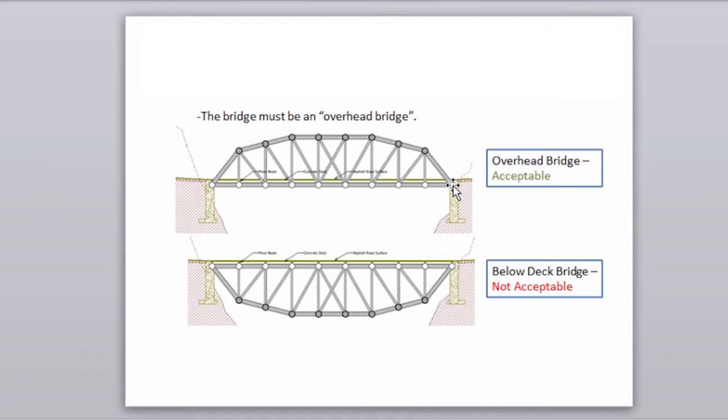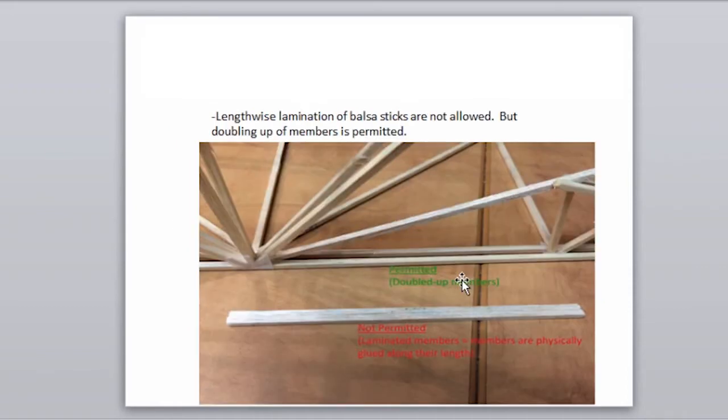This is acceptable. The second example below is unacceptable. You have members which extend below the level of your supports. One final requirement: in terms of your members, you are not allowed to laminate, to glue together 2 sticks of balsa wood physically together.